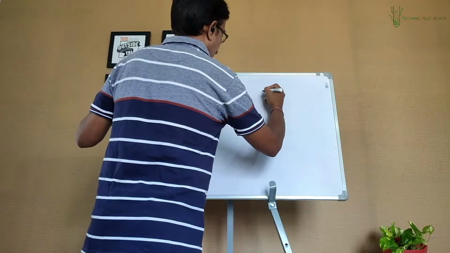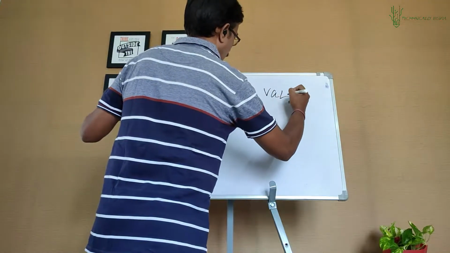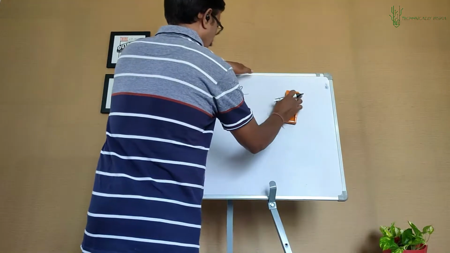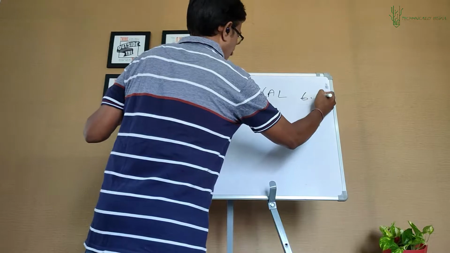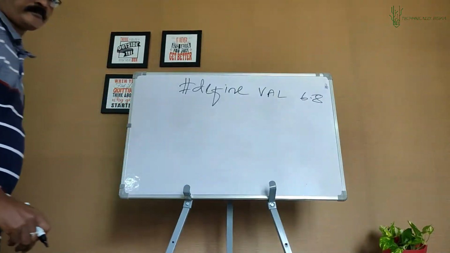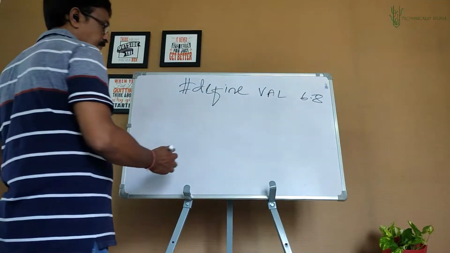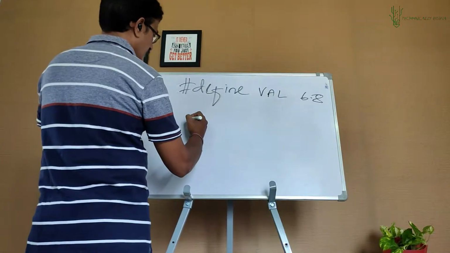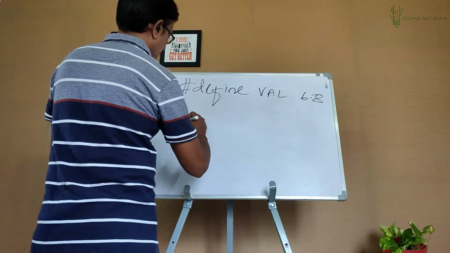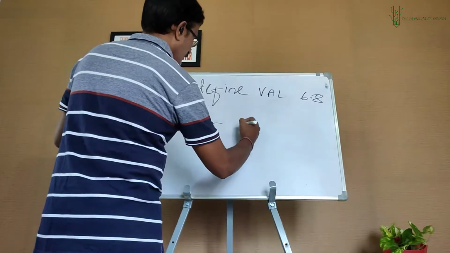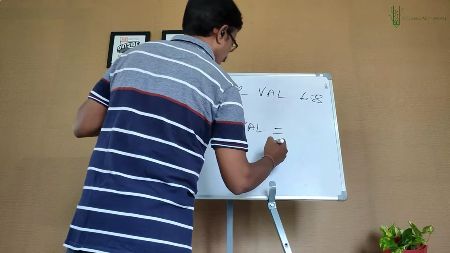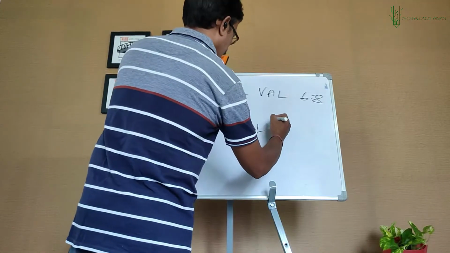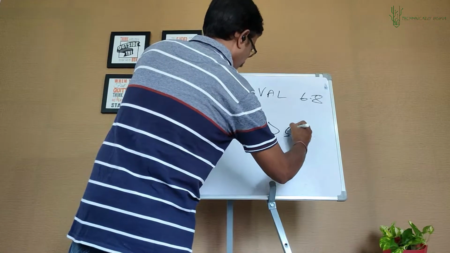As #define val, let's say val 6.8. Got it? And I say #if val equal to something, or let's say greater than 5.0.